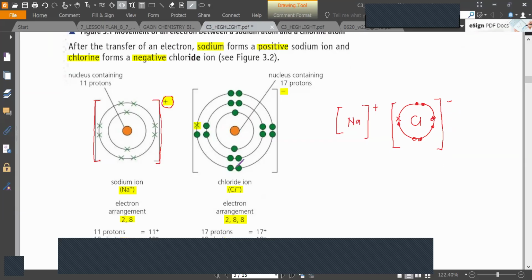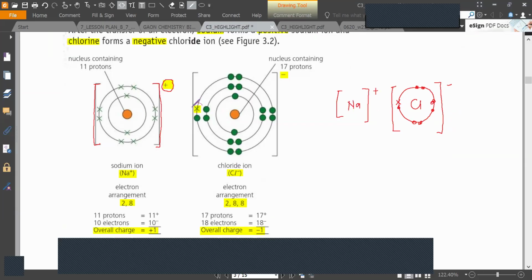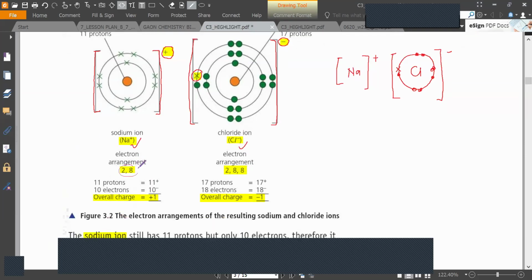So the chlorine gets one extra electron from the sodium, so now the charge is -1. Again, we need to put this square bracket to show it. And then the ions: sodium +1, chlorine -1. Both of them have a full shell of electron arrangement.